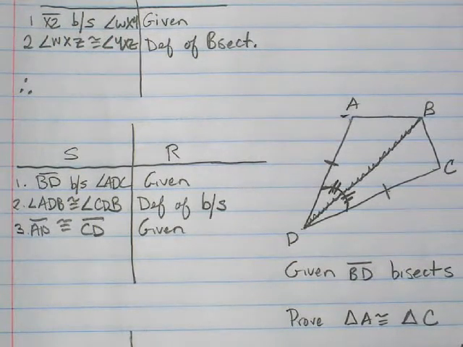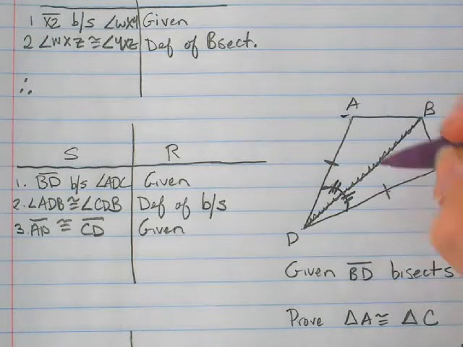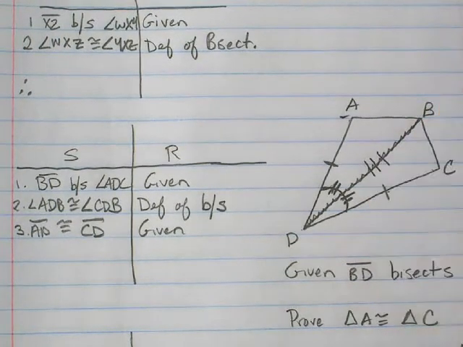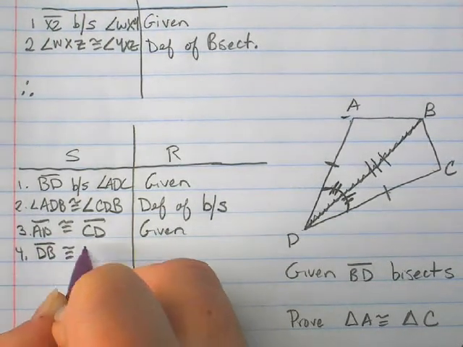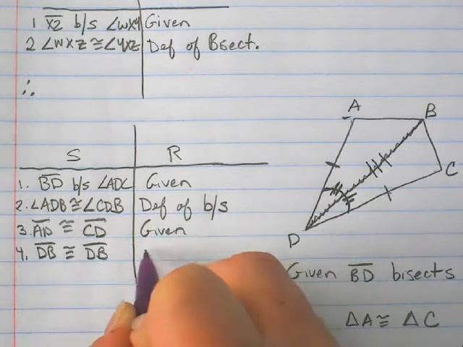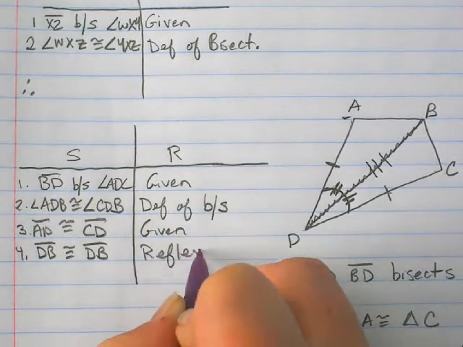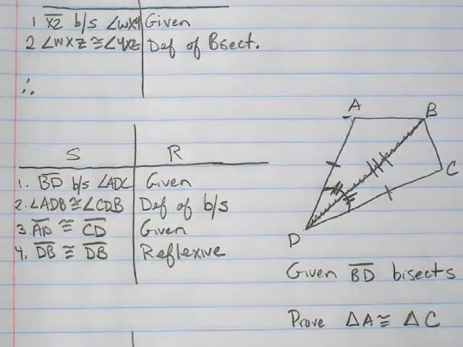There's one more thing that is congruent that you've seen about 3 times just in these 2 videos. What else is congruent? DB is congruent to DB. And that's the good old reflexive property. Am I done?